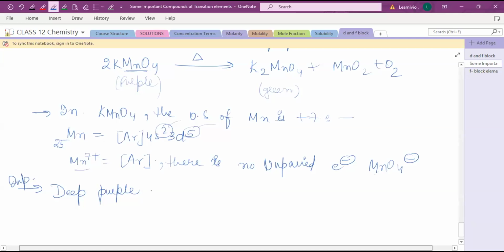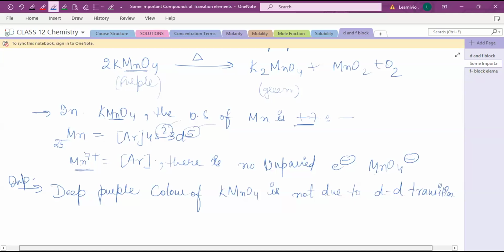Write down: the deep purple color of KMnO4 is not due to d-d transition, because d-d transition will not happen at all. In MnO4 the oxidation state of manganese is +7, and you have seen that Mn7+ has no unpaired electron.